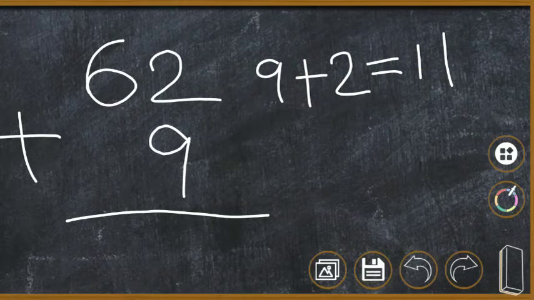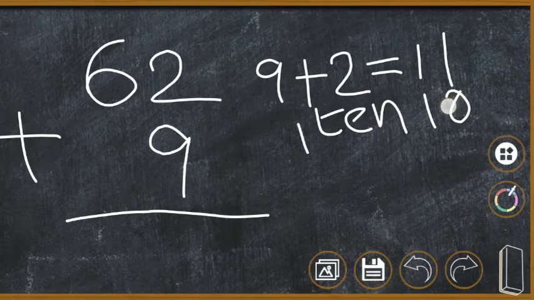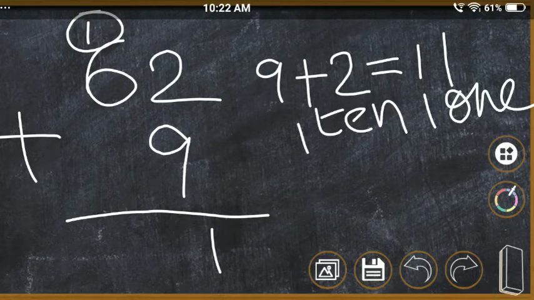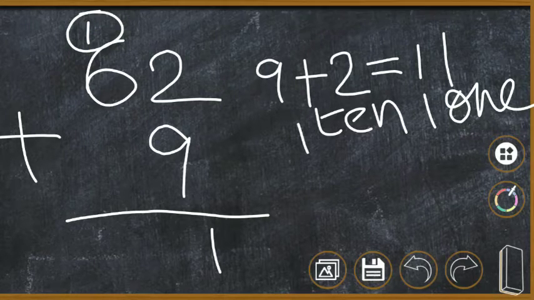In this 11, 1 ten and 1 one. Now 1 one is written down and 1 ten is carried forward to the tens place column.